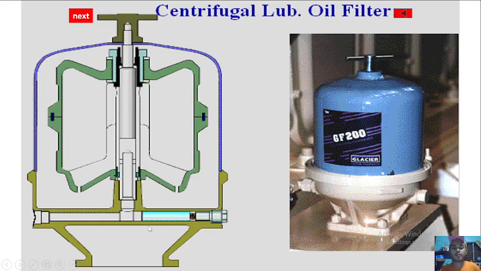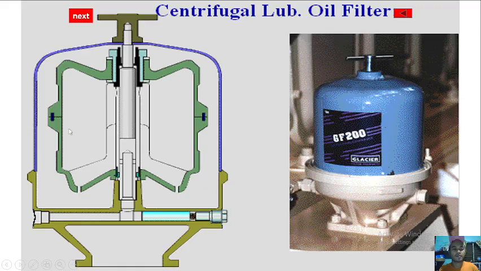The oil pressure will be the one that helps to rotate this filter, and while the filter is rotating, the dirt will be stuck on the side since it is rotating.